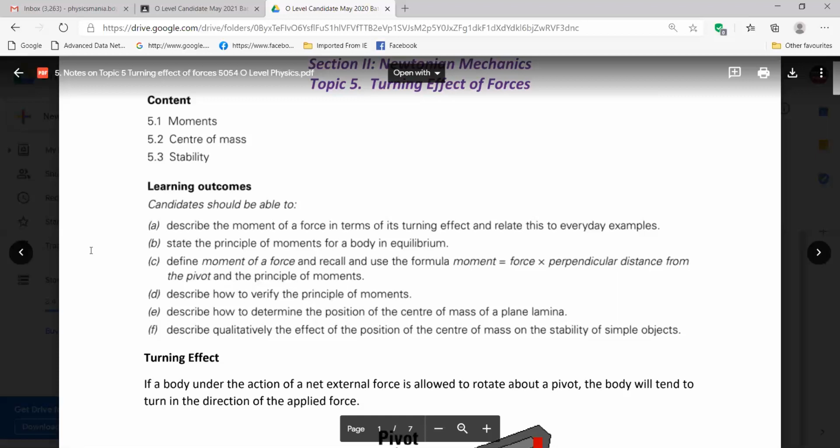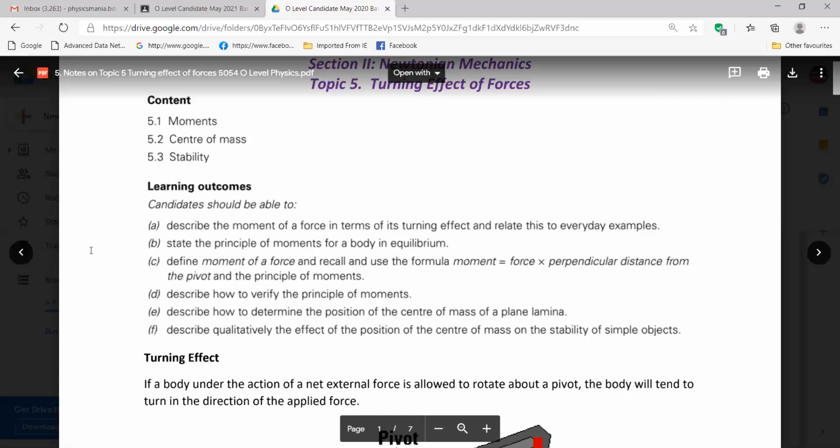Then we can verify it by numerical examples, real life examples, right? Then we have described how to determine the position of the center of mass of a plane lamina. You know, lamina is an irregular shaped object, and if you want to find the center of mass of it, then there are some steps to determine.